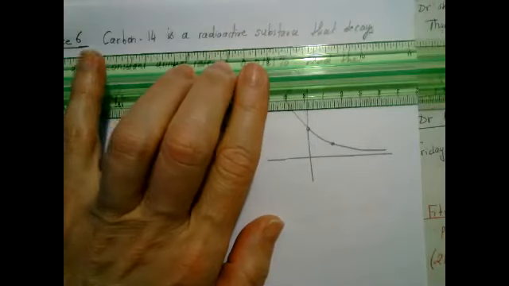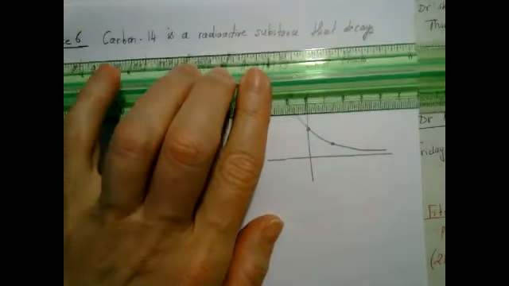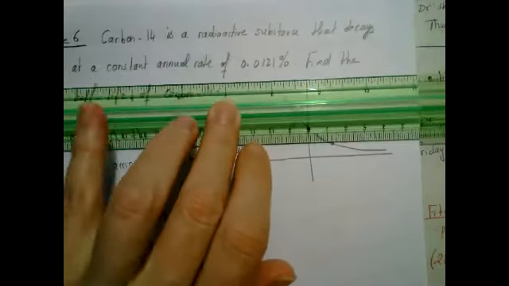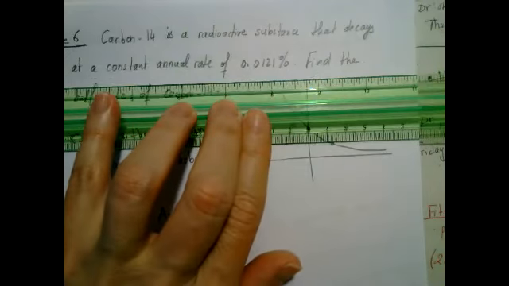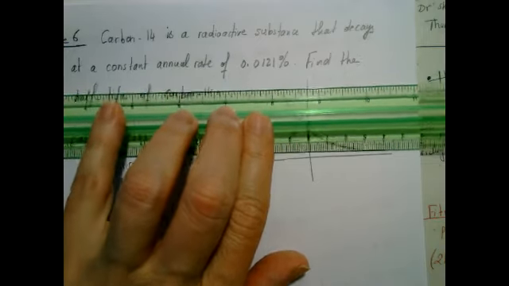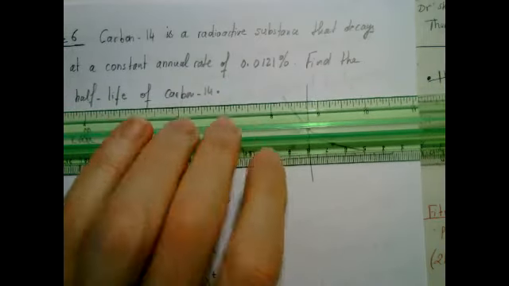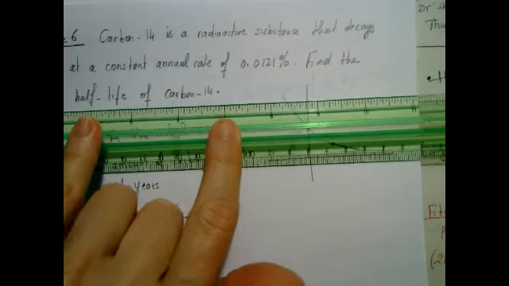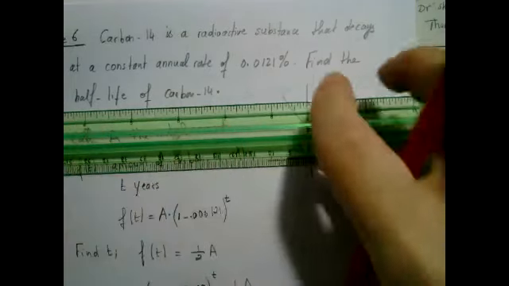Carbon-14 is a radioactive substance that decays at a constant rate of 0.0121%. And the question is, find the half-life of carbon-14. Okay, so I write the problem down much clearer. So here's the problem.